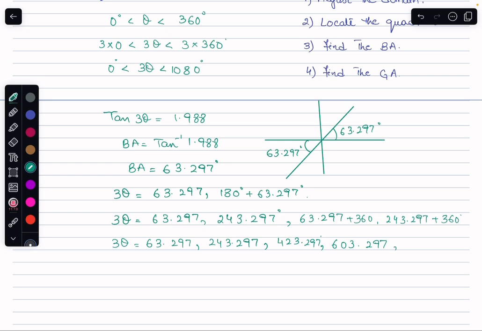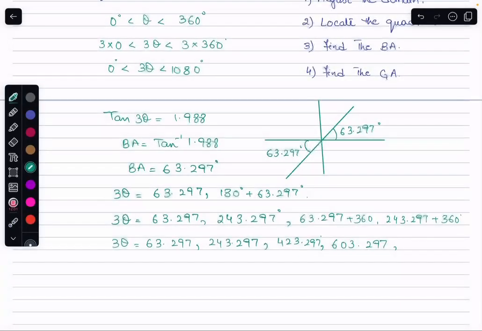So I can add 720 to 63.297 for the third rotation, since 360 plus 360 gives 720. Similarly 243.297 plus 360 and then plus 360, which is 720. Or I can take 423.297 and add 360 degrees to it. So it's your choice whether you do 63.297 plus 720 for the third rotation, or 423.297 plus 360. For the third rotation, they will both give you the same answer.